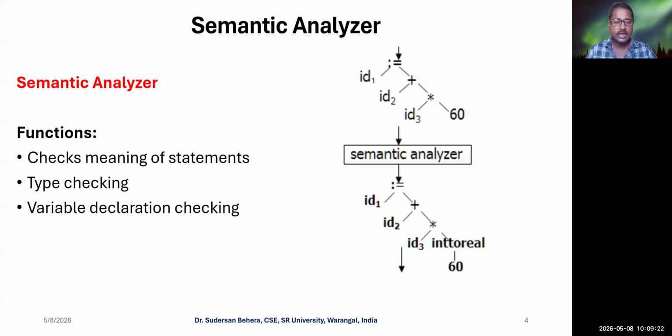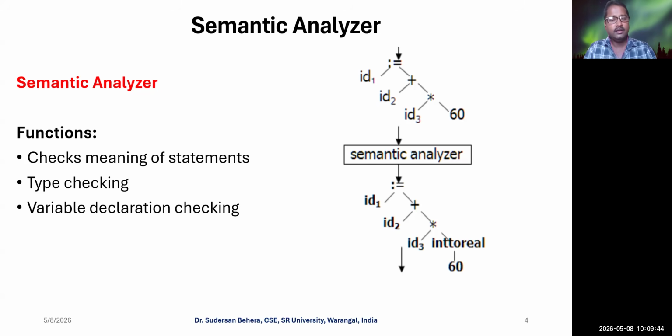This abstract syntax tree is again passed to the next phase, the fourth phase of the compiler, that is called intermediate code generation. So this abstract syntax tree is the input to the intermediate code generation.